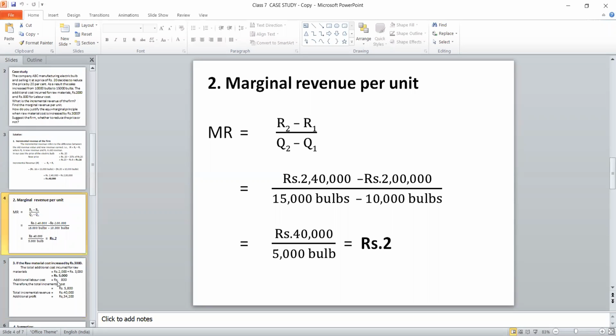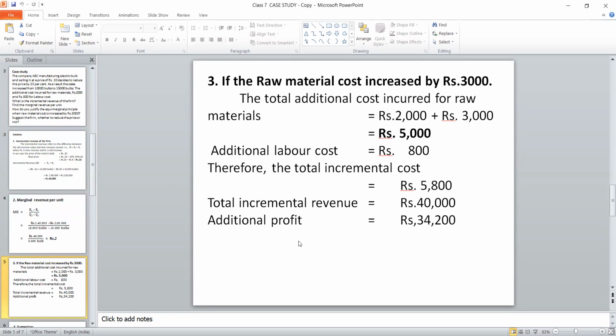And coming to the third part, let me read the question. How to justify the marginal principle? The marginal principle is nothing but this: when you reduce the price, for example from 20 rupees to 16 rupees, because of that there is a change in the sale from 10,000 to 15,000.